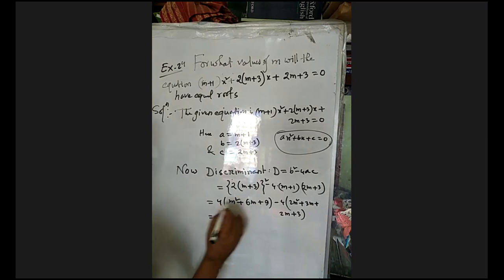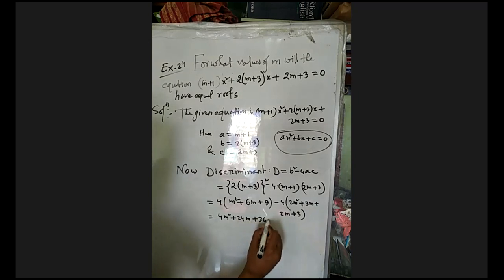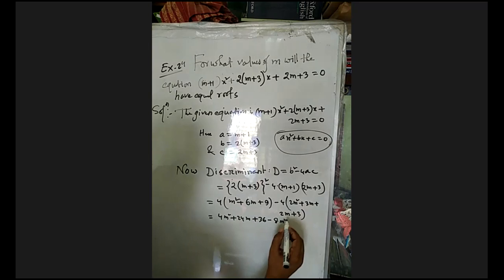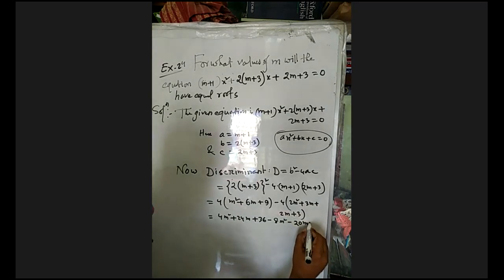Now multiplying out, 4m² + 24m + 36 minus 8m², minus 20m minus 12.